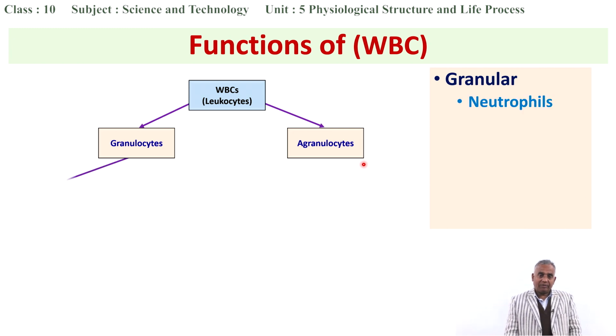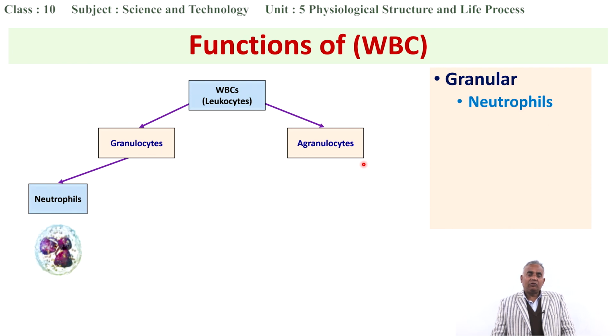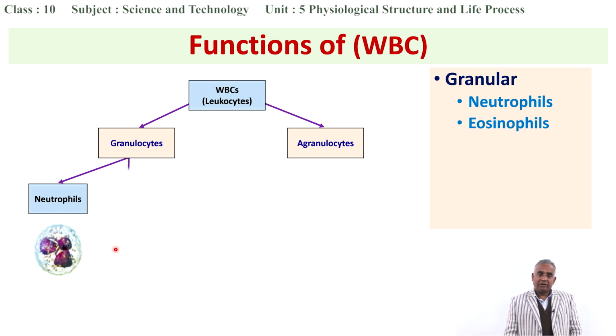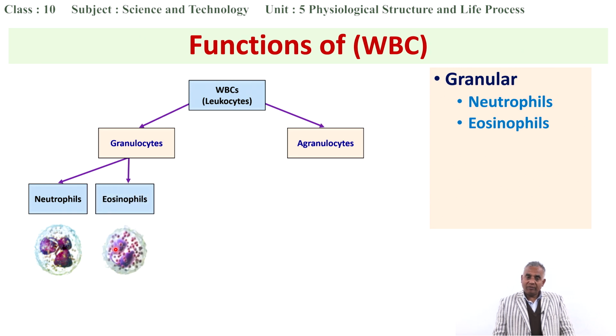Look here, neutrophils. Neutrophils have a lobed nucleus and there are granules in it. Its function we will do later. Here eosinophil is also granulated with a lobed nucleus; here the nucleus is about separated.